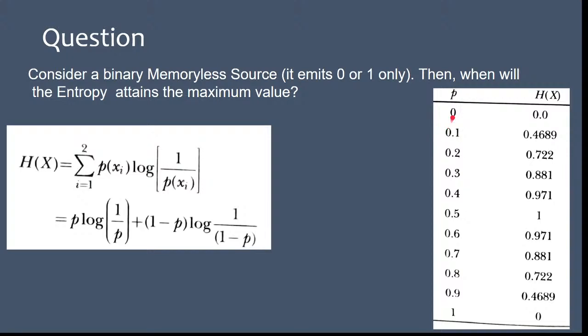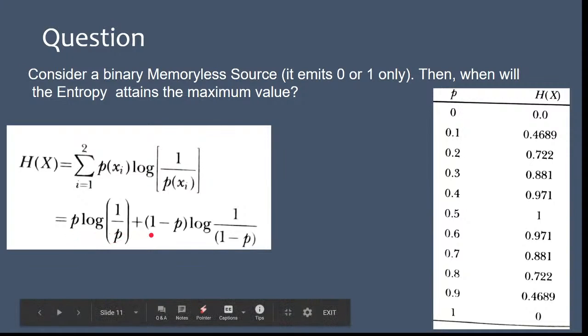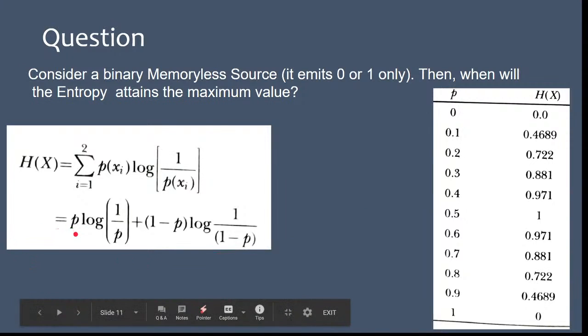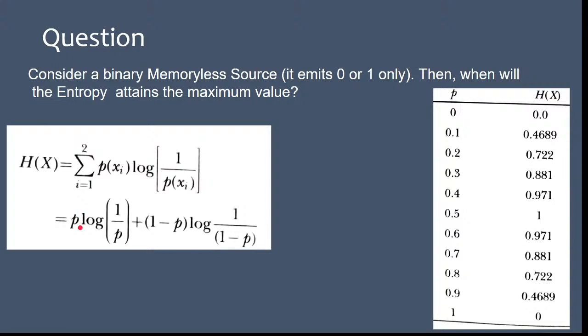Okay, so we have the solution here. When the probability is 0, in this equation, find out what's the value of H of X. H of X will be 0. When the p value is 0.1 in this equation, what's the entropy value? If you compute, it should be 0.46. Similarly, you keep going for different values of p. You keep increasing the values of p, 0.1, 0.2, and 0.3, and find out what's the entropy.